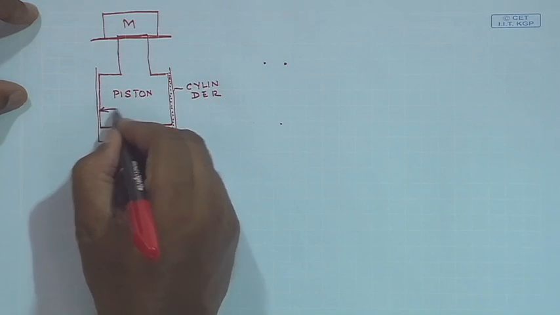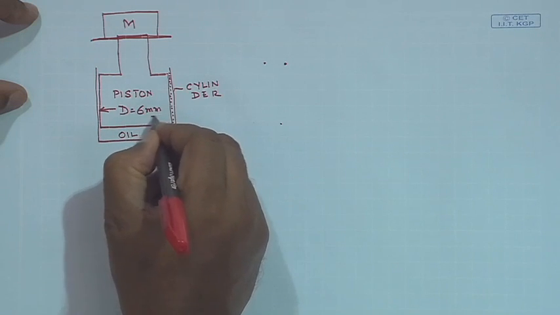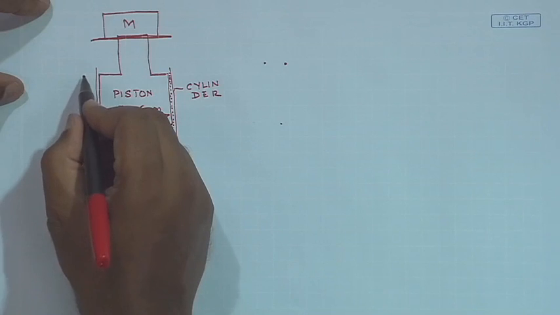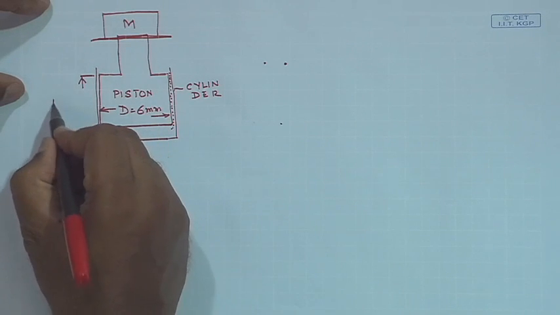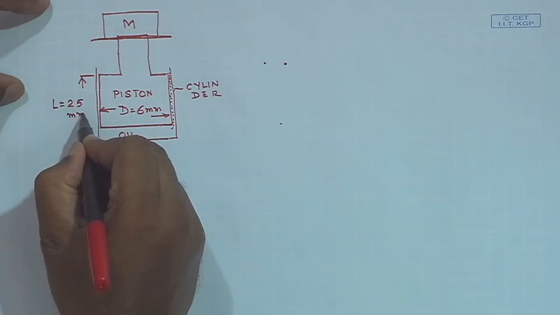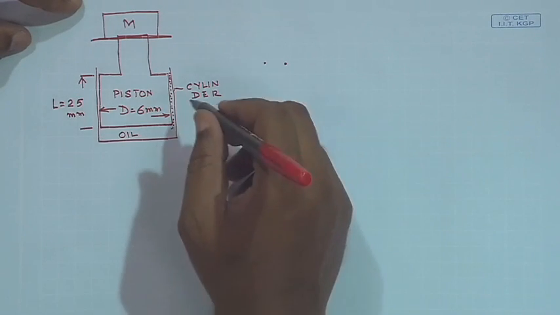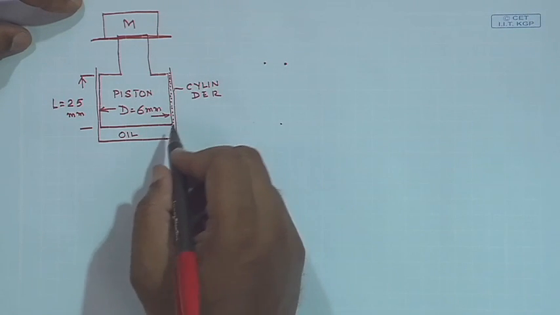The diameter of the piston, D, is 6 millimeter and the length of the piston is L equals 25 millimeter, and the piston is coming down with a velocity.